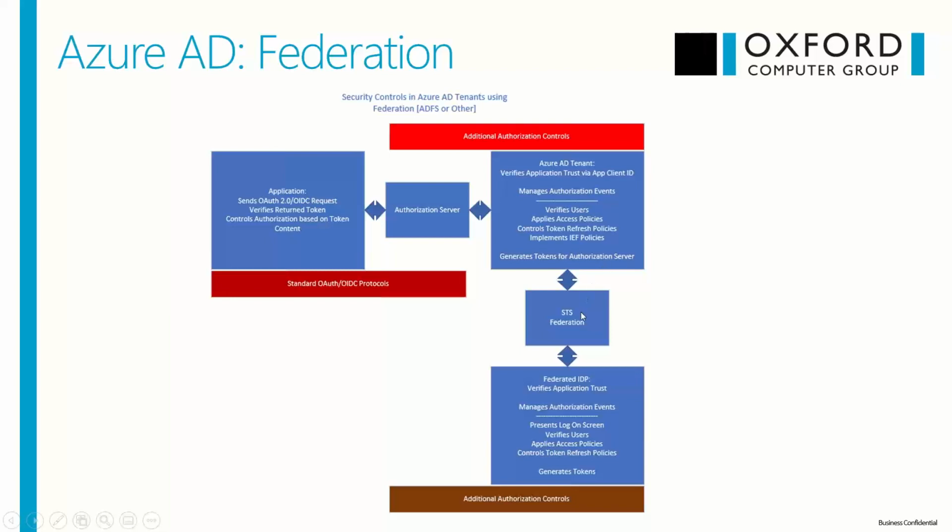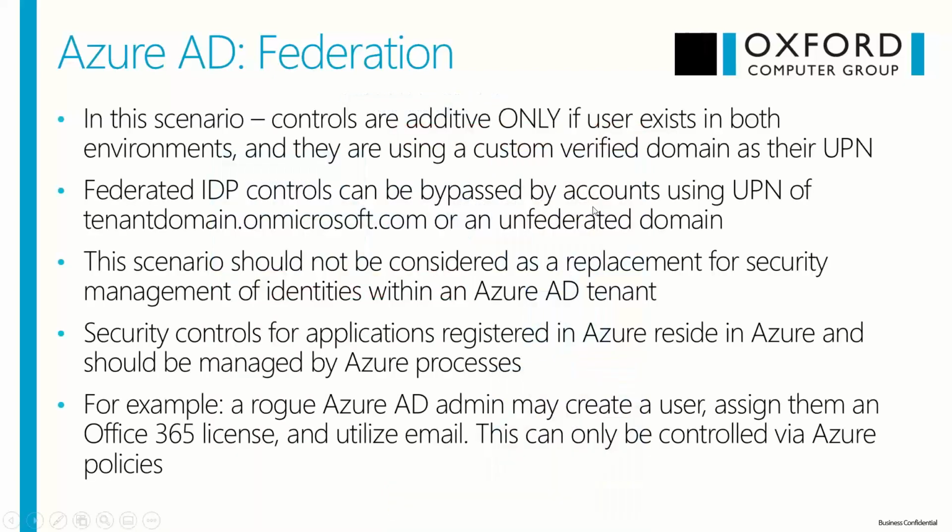But you've decided to federate that with something else, maybe with ADFS on premises or with another provider. And so you're offloading these things. And you have different additional authorization controls here. So these things are additive, but they're not exclusionary to these things that are up in the middle here. And this is, like I said, these are additive.